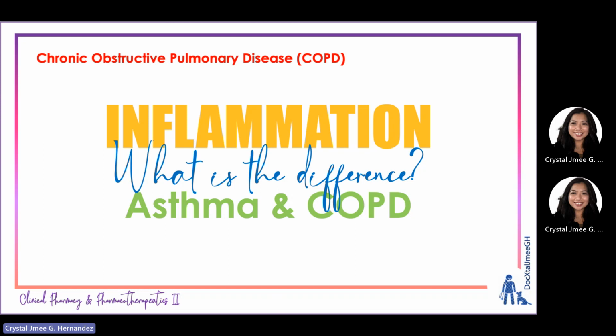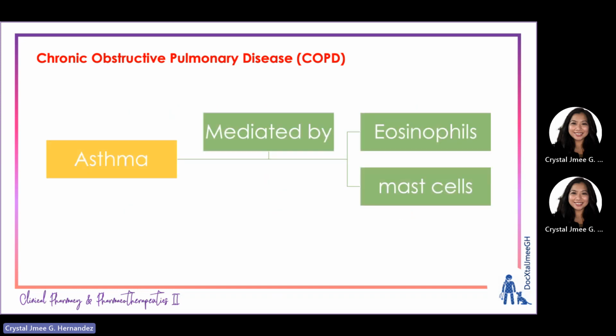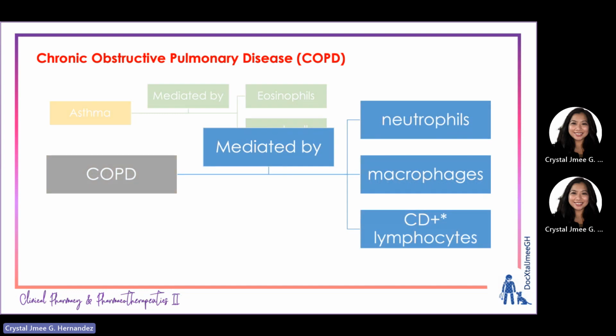To answer this, asthma is mediated by eosinophils and mast cells, while for COPD, the inflammatory reaction is mediated by neutrophils, macrophages, or CD4 plus lymphocytes.